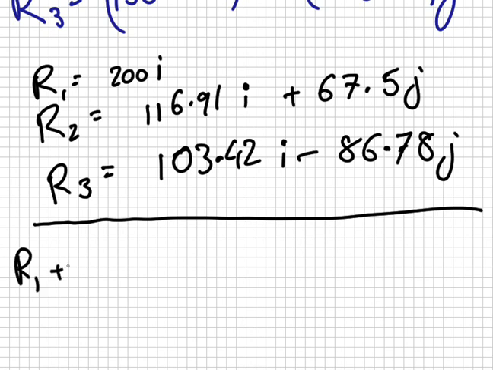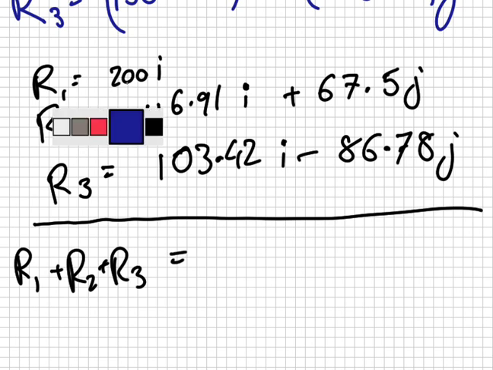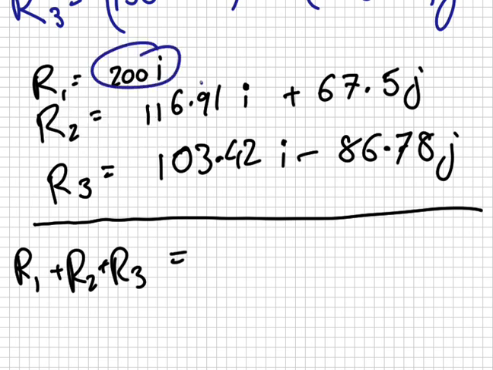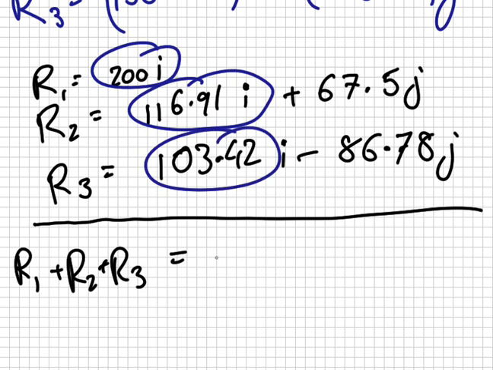So let's add these 3 vectors together to get the total. R1 plus R2 plus R3 equals. So if I add these i's together, what do I get? Please add them. No, 220.